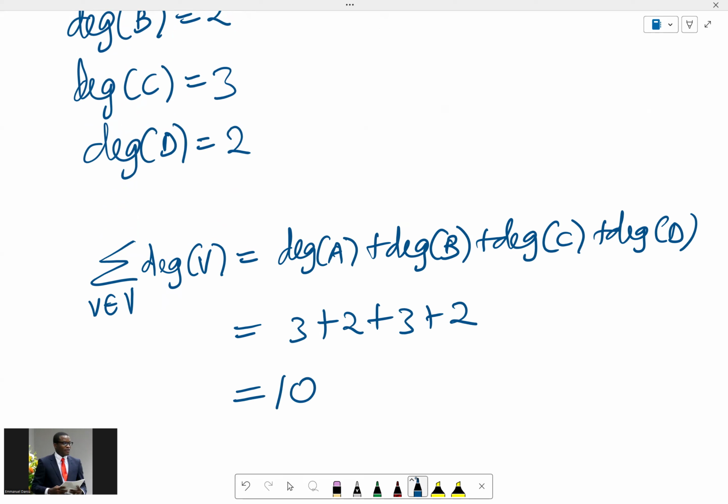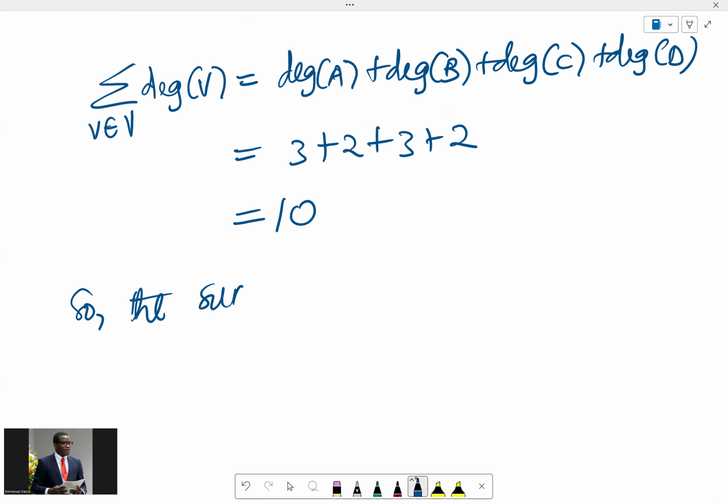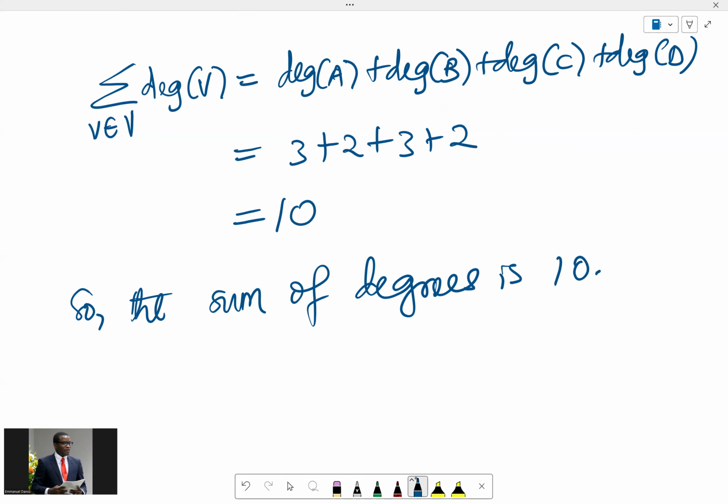So the sum of degrees is 10. Okay, that is established.